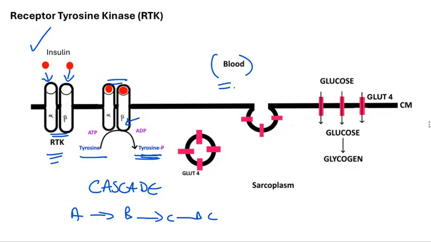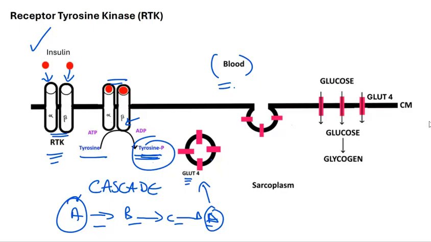There's a number of steps that we're not going to specify here, where tyrosine would be our A, and we're going to pick the cascade up at the end at point D with a vesicle. So this is illustrating a vesicle, and in the membrane of the vesicle are the GLUT4 transporter proteins. And these vesicles then migrate to the cell membrane.